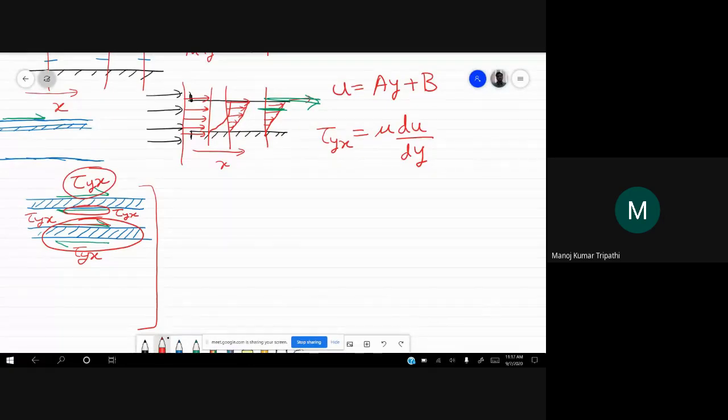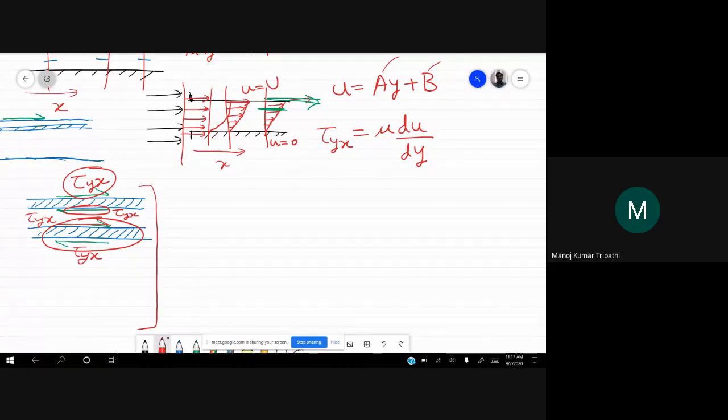Now you can put the boundary conditions here and find a and b. Boundary conditions are u equal to 0 at y equal to 0, and u naught at some height h. So from that you will get these constants a and b.